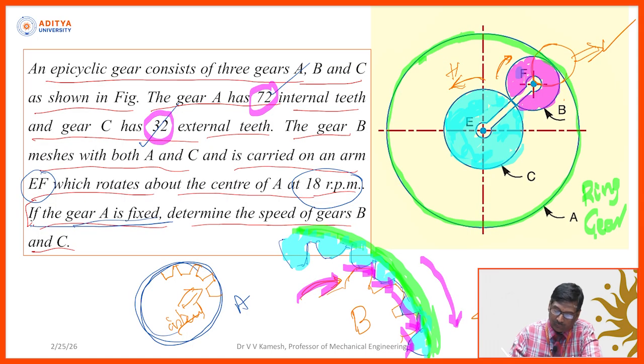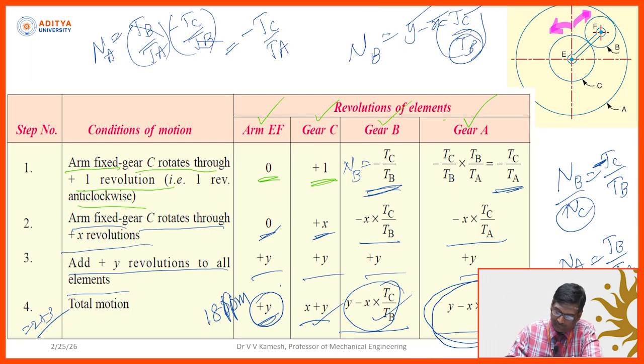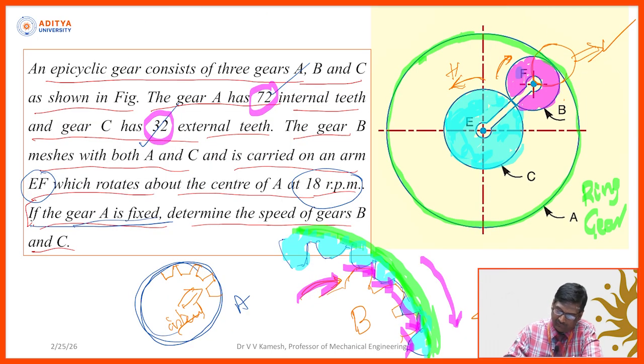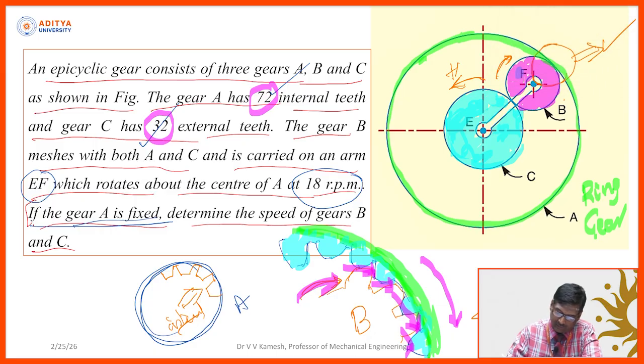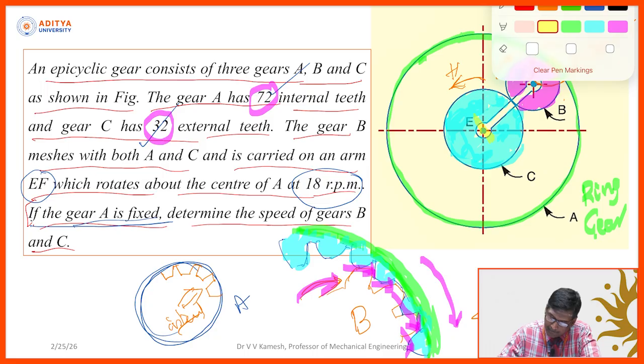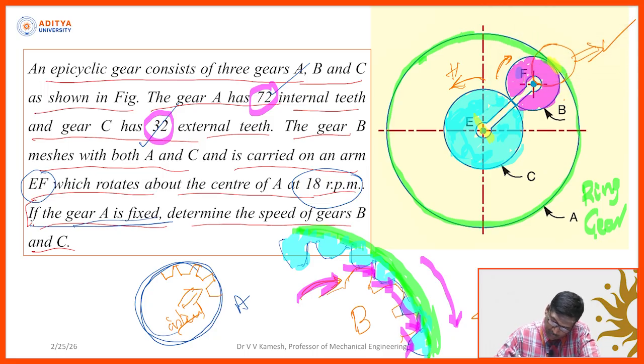So what is the relation between the radius or the diameter? I am looking here. See, I am taking E and I am taking the edge point of A. Better I will take some other color. Now you look here.